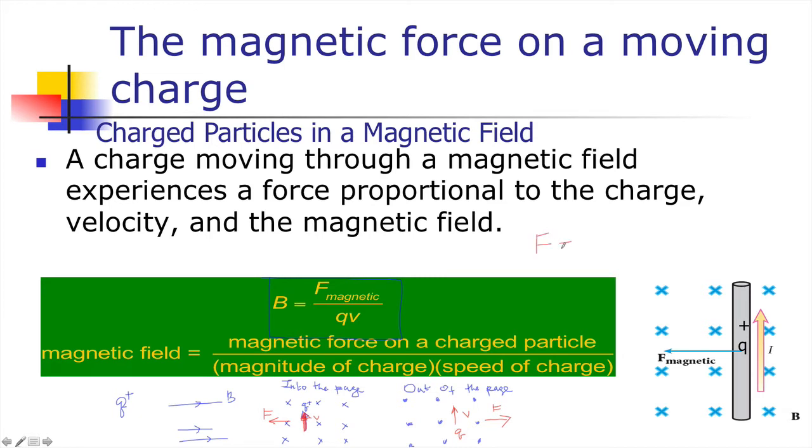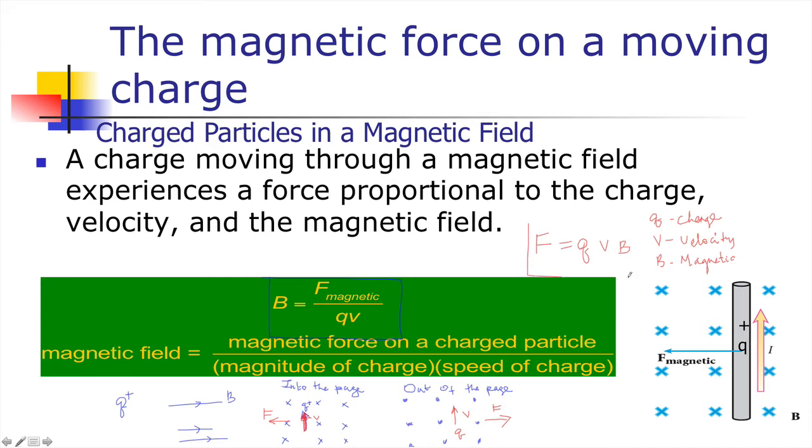The amount of that magnetic force experienced by the charge is calculated as QV multiplied by B, where Q is charge in coulomb, we keep its unit in SI unit, V is the velocity of the charge, and B is magnetic field. Its SI unit has a special name called Tesla.